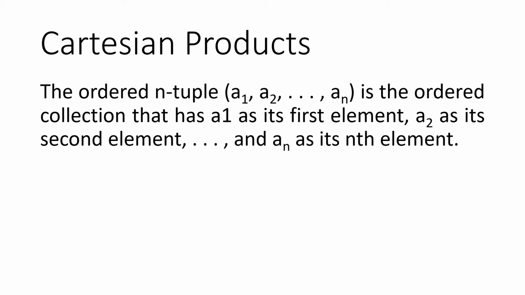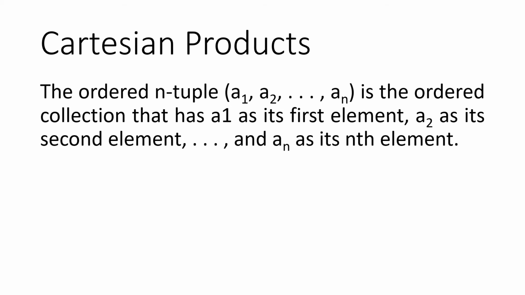In particular, ordered 2-tuples are called ordered pairs. The ordered pairs (a, b) and (c, d) are equal if and only if a is equal to c and b is equal to d. Note that the ordered pair (a, b) and the ordered pair (b, a) are not equal unless a and b are equal.